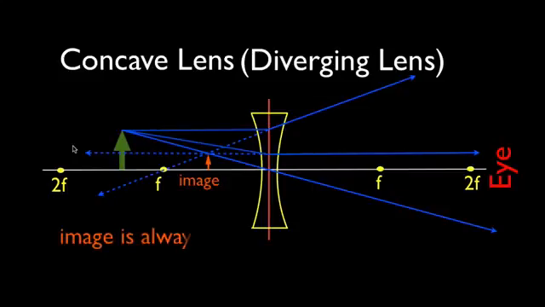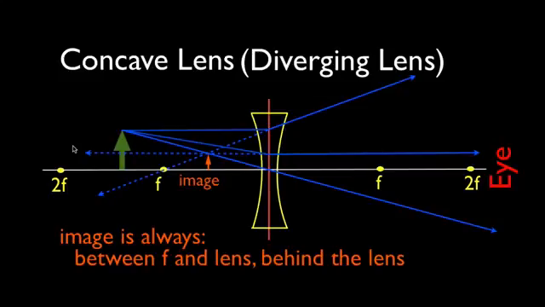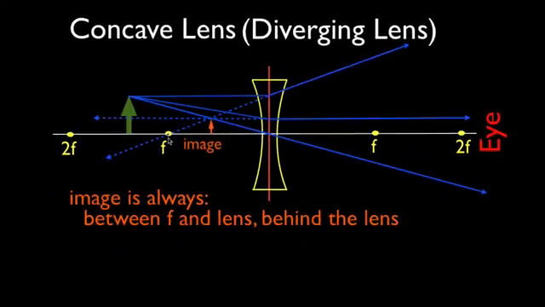The image is always going to be between F and the lens, and I say behind the lens, on the same side of the object, you could always say, but I say behind the lens because here we are with our eye. We're looking, it's behind the lens, on the same side of the lens as the object. It's always going to be between the lens and F.